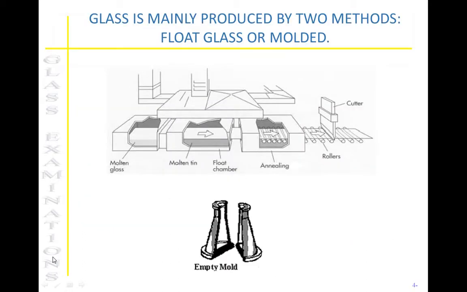Glass is produced primarily from two different methods, either the float glass method or being molded. In the float glass method, the glass components are melted in a large furnace to create a pool of molten glass. This molten glass is then relayed to a float chamber, and in that float chamber, the thickness and the width of the glass is going to be controlled.